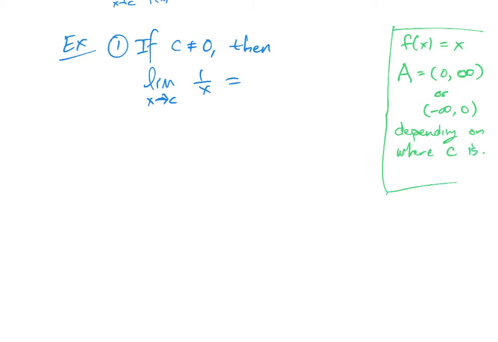By that I just mean what side of the real line it's on. Then the theorem says this is just 1 over the limit of x. Why is it important to define A here?